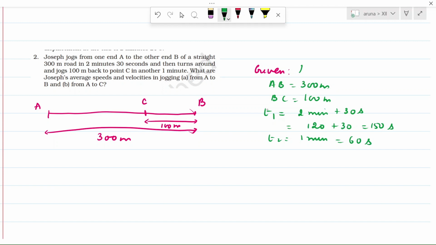Now you have to find out the average speed and velocity in two cases. A part from A to B. In A to B, the distance is equal to displacement. It's the same straight line path, 300 meters, and time also 150 seconds for both.